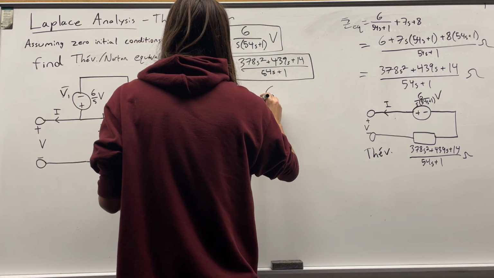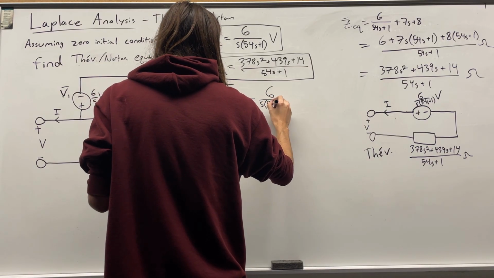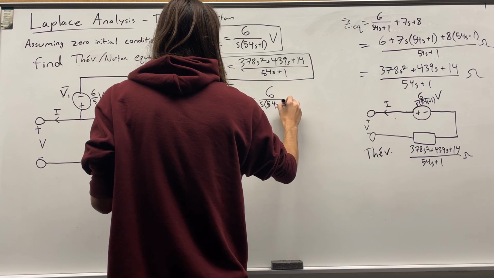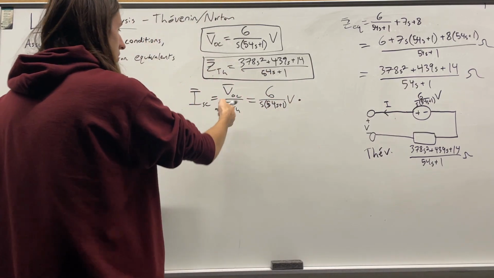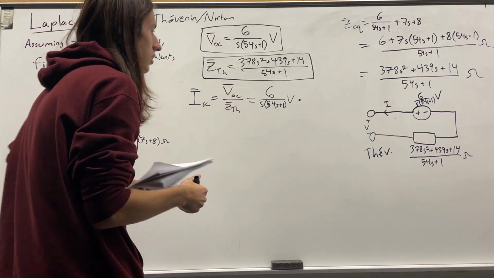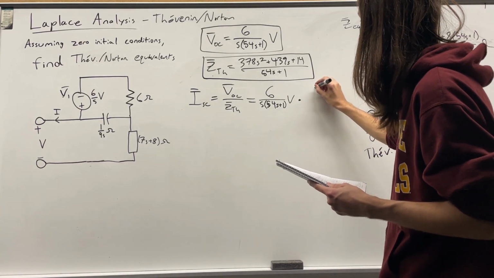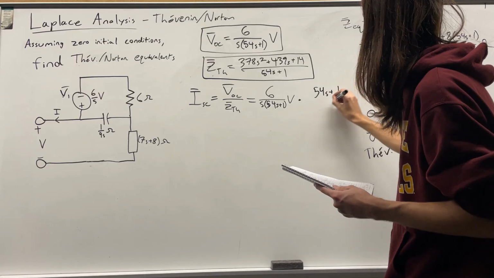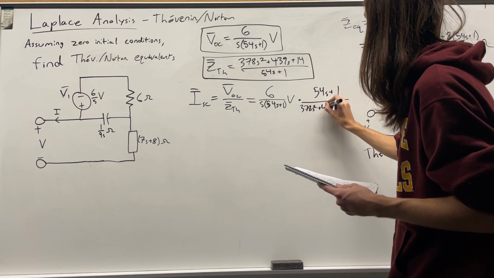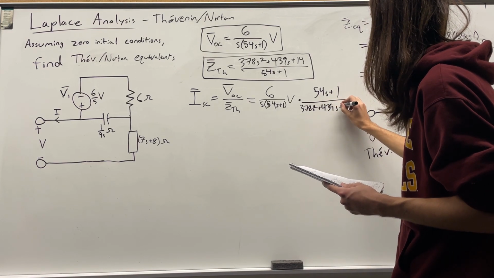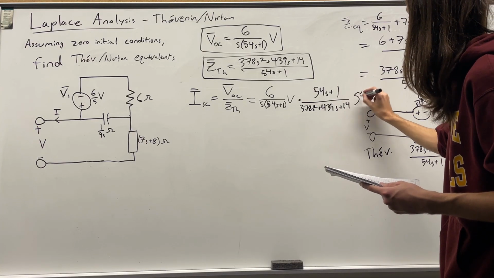So the voltage is 6 over S times 54S plus 1 volts, and then just to make writing it simpler, just multiply it by the reciprocal, which is also the admittance. So that's just 54S plus 1 over 378S squared plus 439S plus 14. And since I've written it that way, it'll be in Siemens.